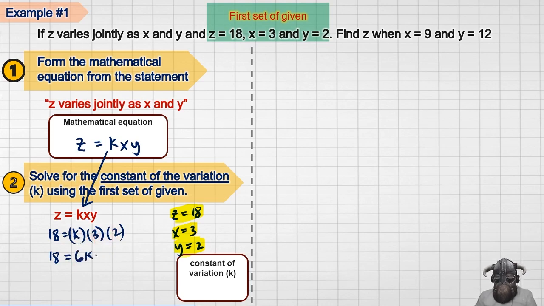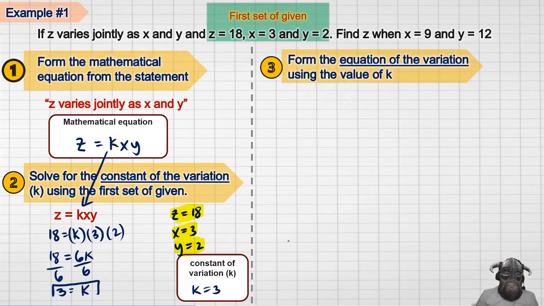So magiging 6k yan. Now from here, we can divide both sides by 6 to solve for the value of k. So k is equal to 18 divided by 6, that will be equal to positive 3. So our k is equal to positive 3. So from there, gagamitin naman natin ngayon si k sa ating equation of variation.